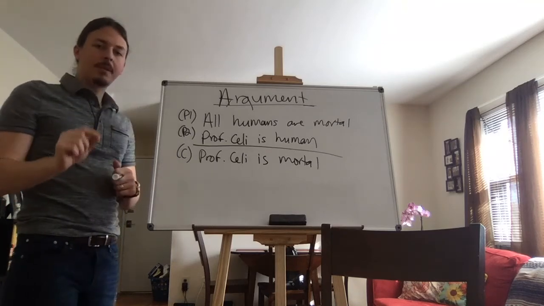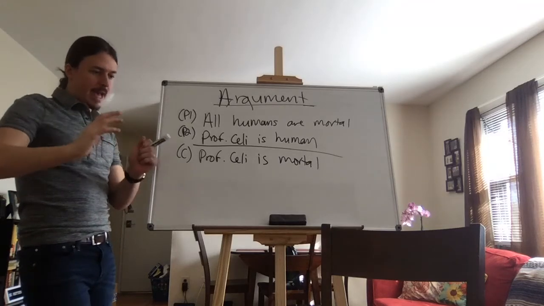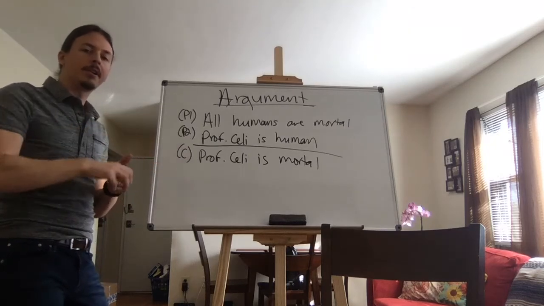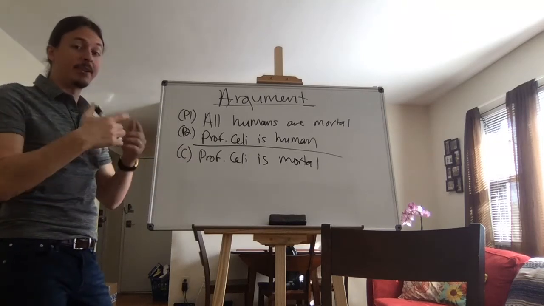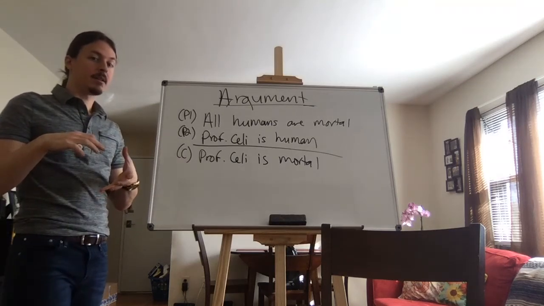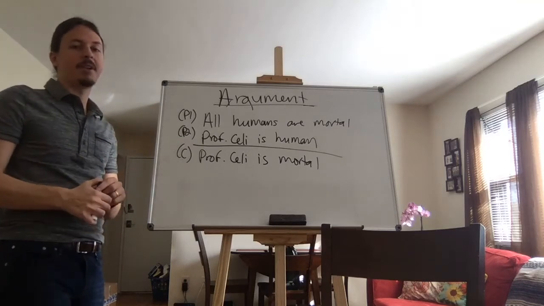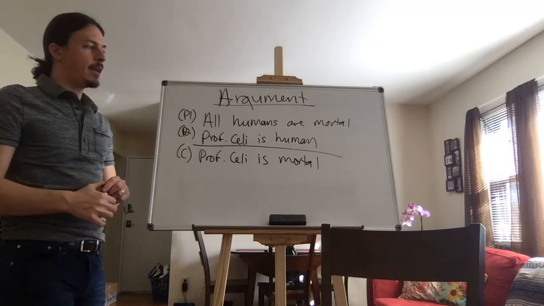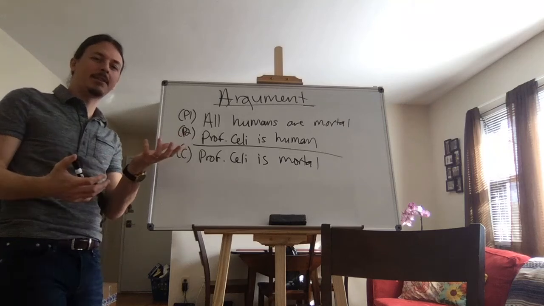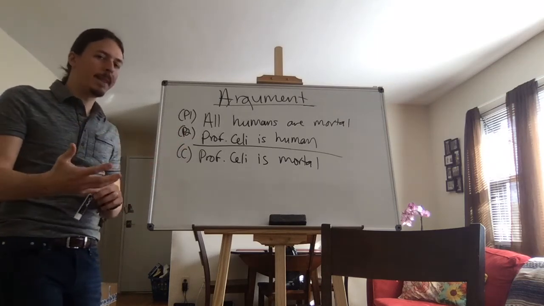The way you know something is a conclusion is that when you look at it and ask the question why, the other claims should make sense as reasons why. If when you ask why, the other claims make sense as reasons, then you know you've correctly identified the conclusion. But if you ask why and the other claims don't make sense as reasons, or they don't provide sufficient reason, you know it's not the conclusion.